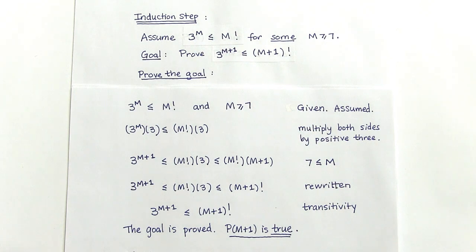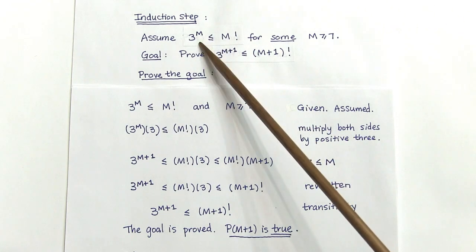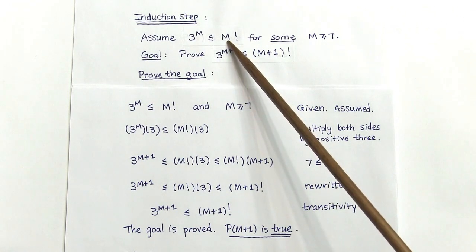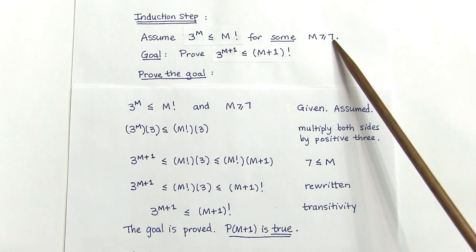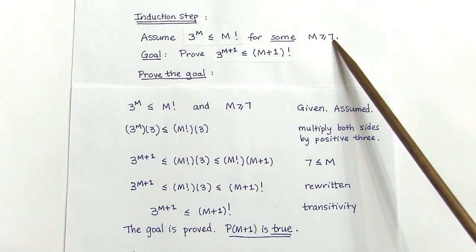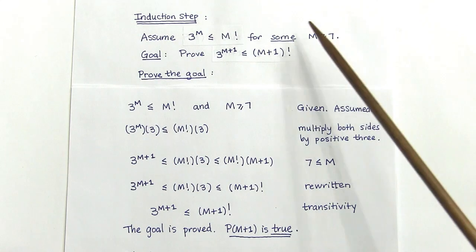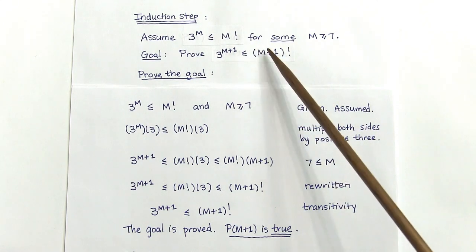And so we have proved our induction step. If 3 to the m is less than or equal to m factorial for some value of m greater than or equal to 7, then it must be true that the predicate is true at the next value, m plus 1.